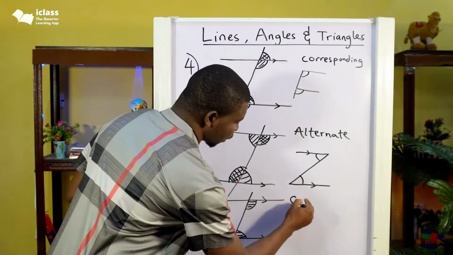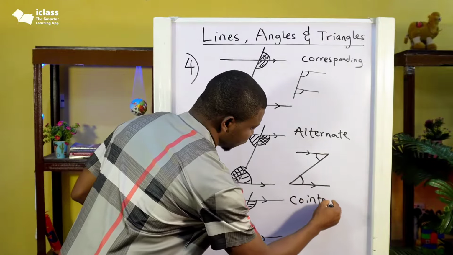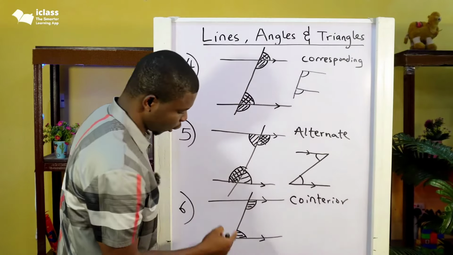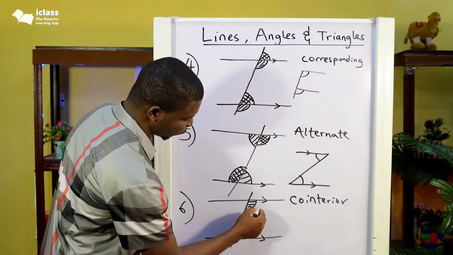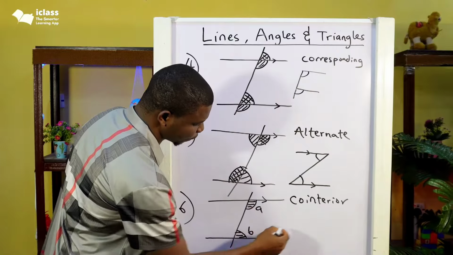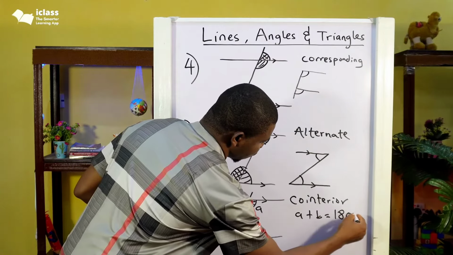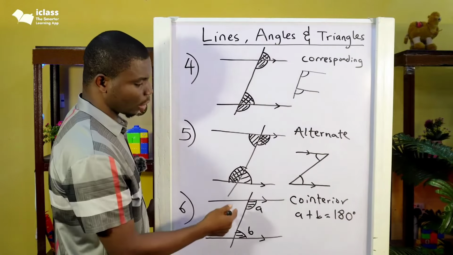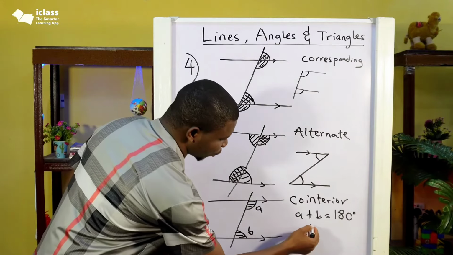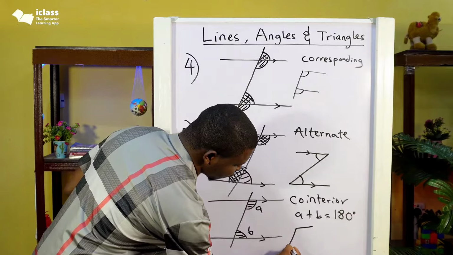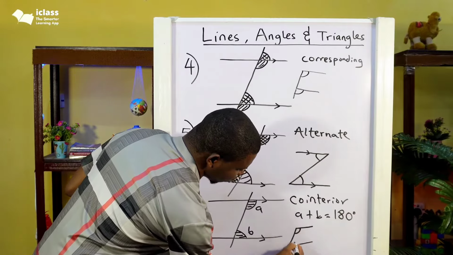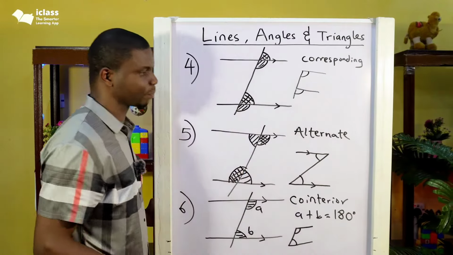So we say co-interior angles are supplementary. All right? Co-interior angles are supplementary. So if this is A and this is B, when you add them, you should get 180 degrees, okay? We call co-interior angles C angles. If you look closely, you see that it's like a C shape, this angle, okay?